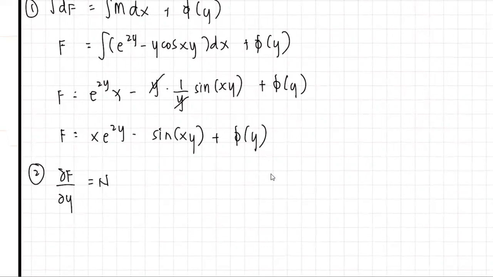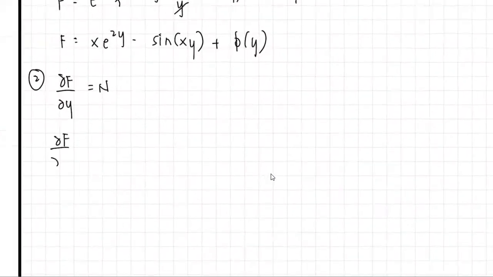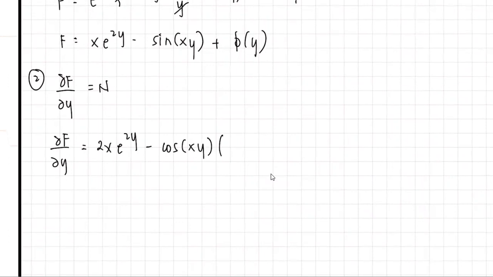Tapos equate natin sa N. Okay? So partial of f over partial of y. So this will be constant si x. So magiging 2x e^2y minus, so derivative ng sine is cosine xy. Then derivative nung nasa loob in terms of y. So x plus phi prime y.